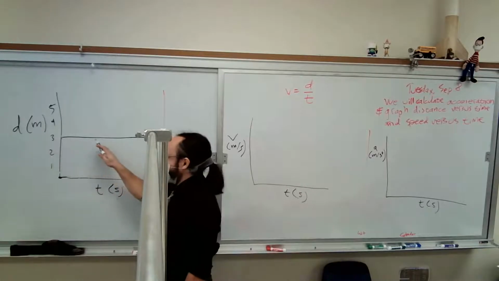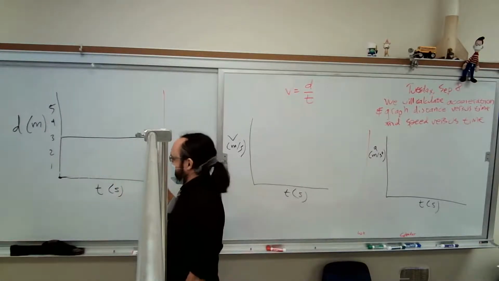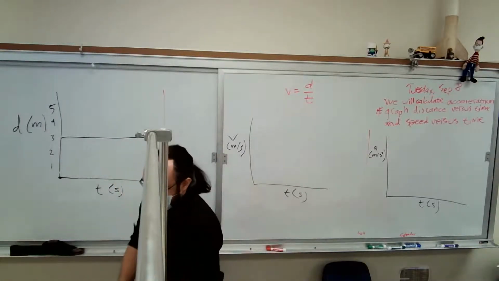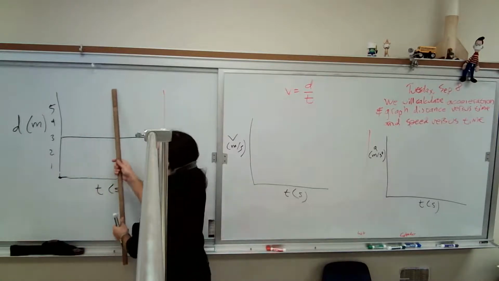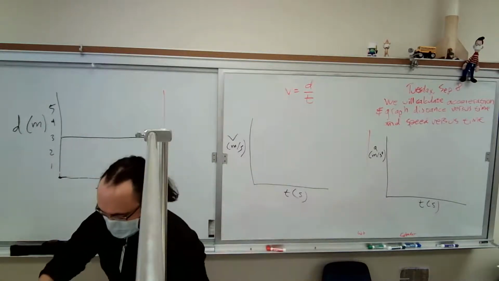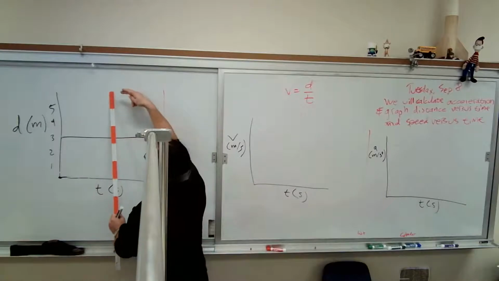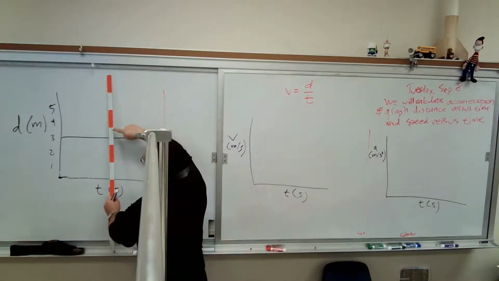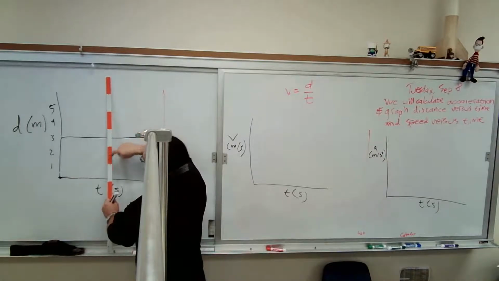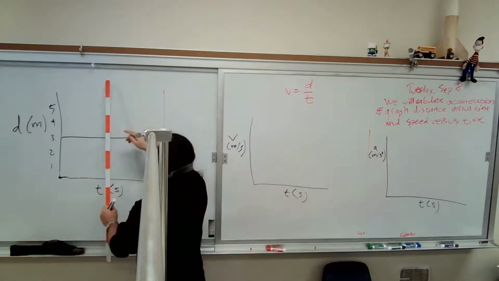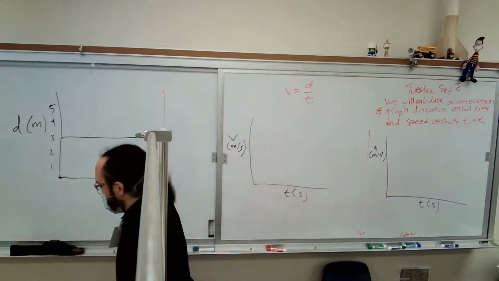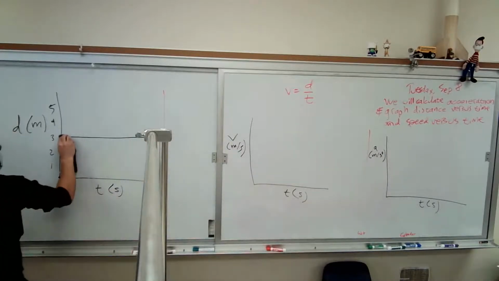If it's at 3, and then it's still 3, and then still 3, that's like on your meter stick, it starts at 3 and just stays there the whole time. It's not rolling this way or that way, it's just staying right at 3. So this is something that's not moving, and we know ours isn't like that.